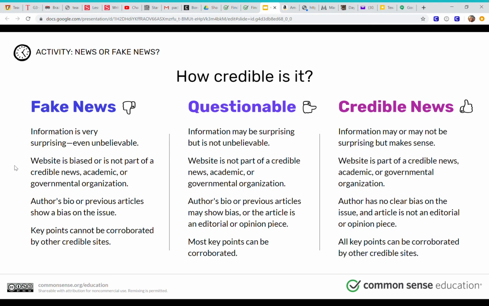Now, the website is biased or is not part of a credible news, academic, or governmental organization. So, let's see this. If I sent you an article that said, aliens spotted on the moon, breaking news information, okay? And you were like, oh my gosh, that's crazy. And then you look and the website I got it from is The Truth is Out There, Aliens Among Us, okay?